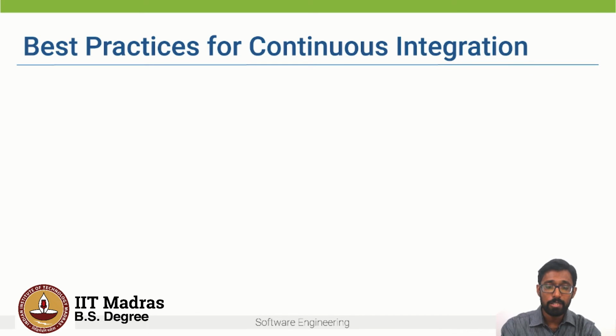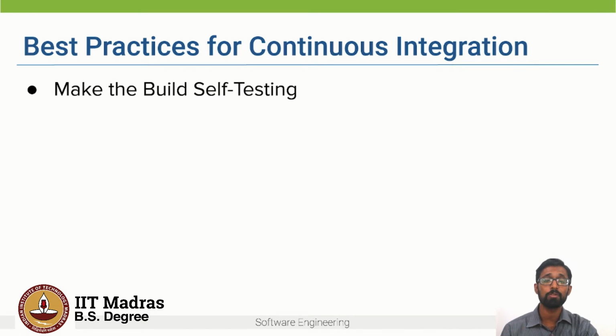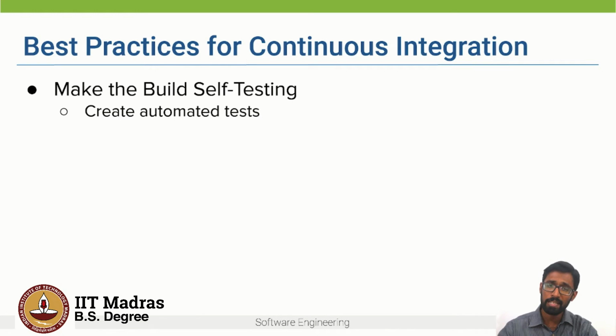And not only should you automate the build, but you should make the build self-testing as well. Now, what does this mean? This means that you can create automated tests that can check a large part of the code base for bugs.